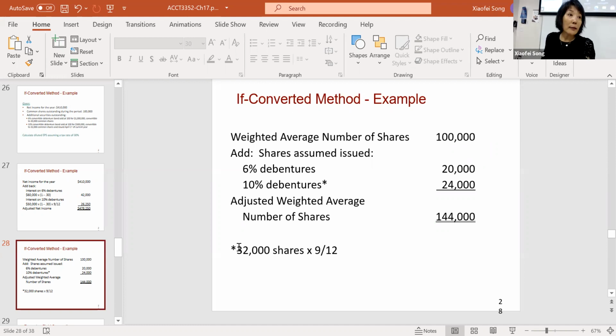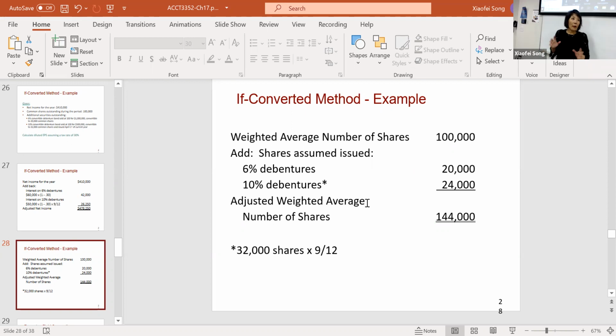However, those are outstanding from April 1st to December 31st, only 9 months of the year. So we apply this fraction of the year, just like when we calculate the weighted average number of shares outstanding. The weighted average shares for this debenture would be 24,000.